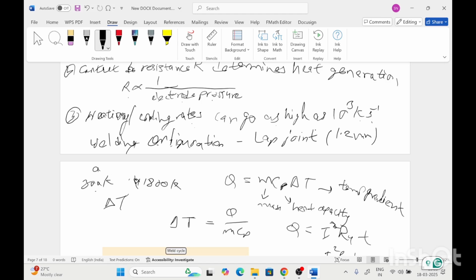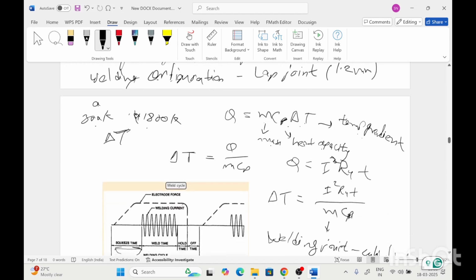So if we consider a material A and we want to heat the material from 300 Kelvin to 1800 Kelvin, and we want to calculate the temperature gradient at the welding joint, the heat can be written with the formula m Cp delta T. Here m is the mass, Cp is the heat capacity, and delta T is the temperature gradient at the welding joint.